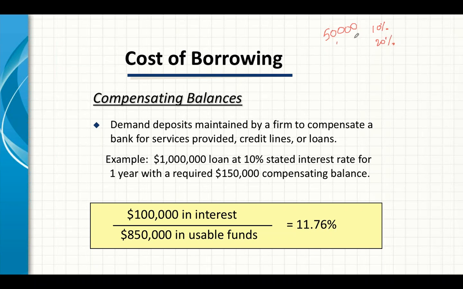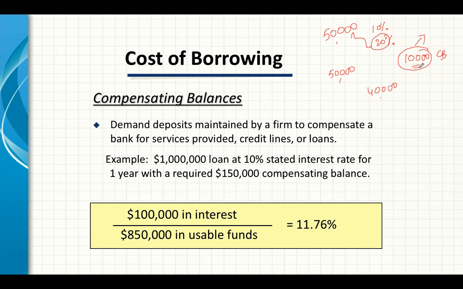Compensatory balance means 20% of this 50,000, so 10,000 will be kept aside. The bank will say that we are giving you a loan of 50,000, but we keep 10,000 with us only. You take home only 40,000. This is called compensatory balance.